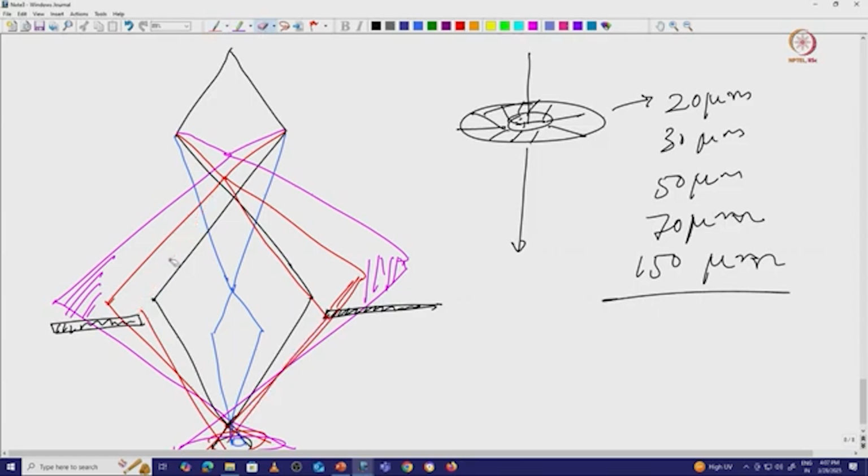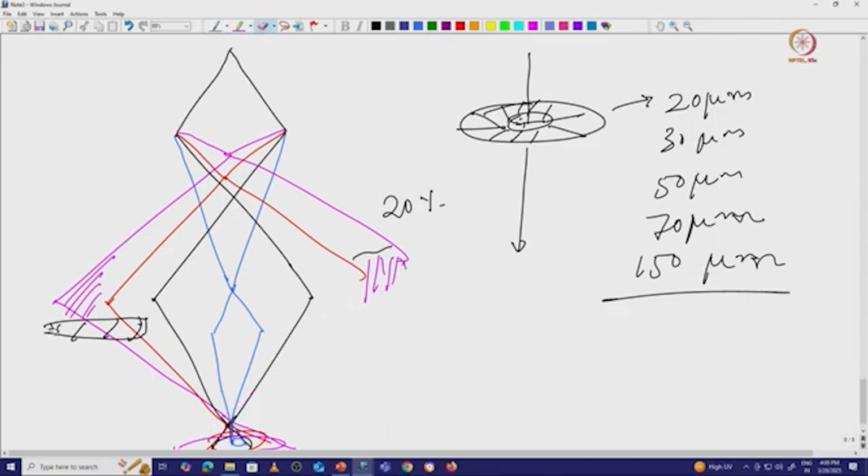So in this case, we have an aperture diameter of about this size, which blocks some percentage of the light. You can consider that 20% of this light or electron beam is blocked. Now the second possibility: I have this aperture and I want to increase the aperture size.